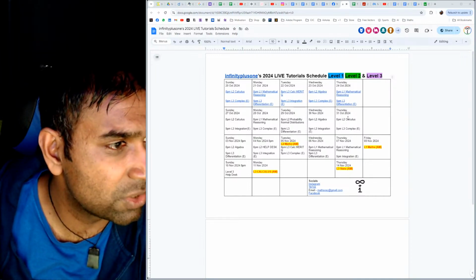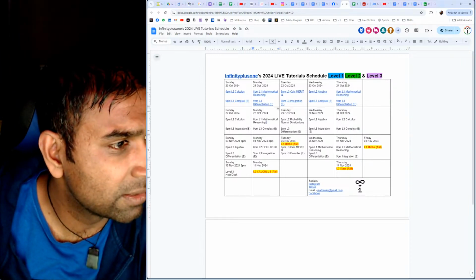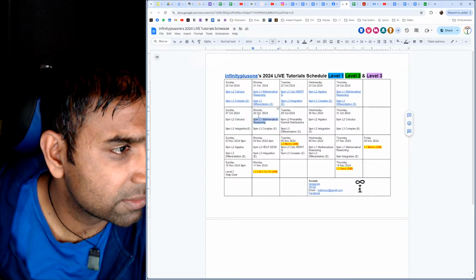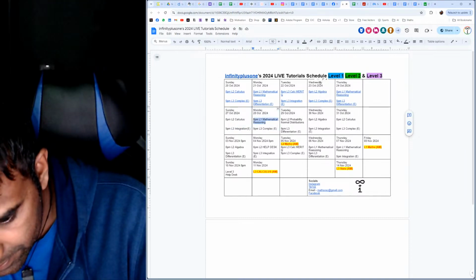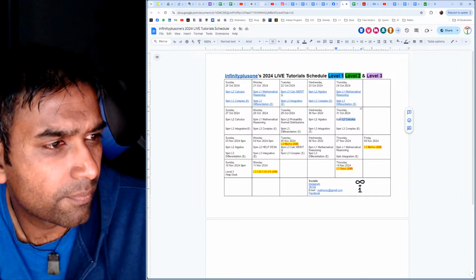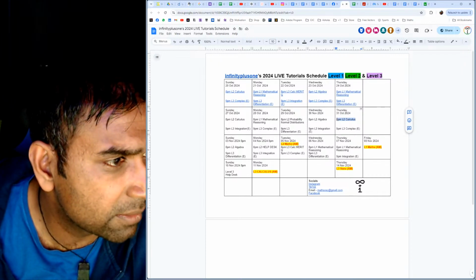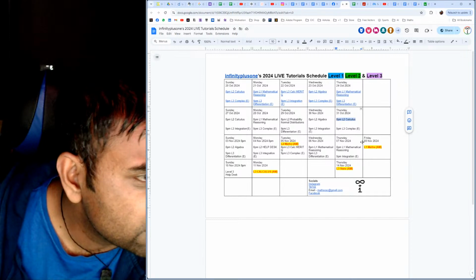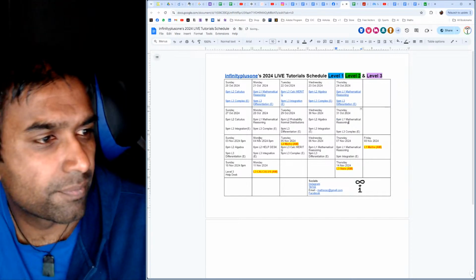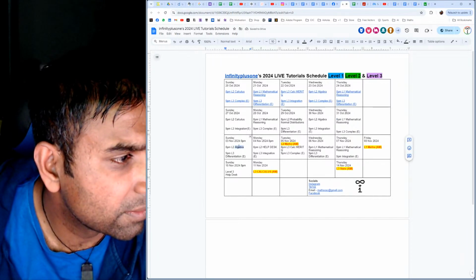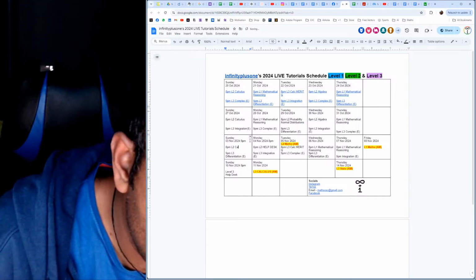I think that should have been a level 1 maths reasoning. Let me change that before I forget. Why would I do algebra and calculus? Yeah, I made a mistake. That's fine. Change that to calculus.